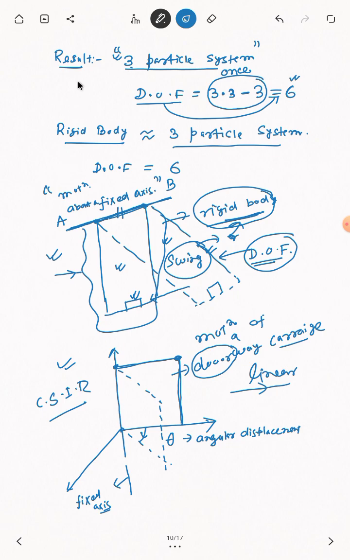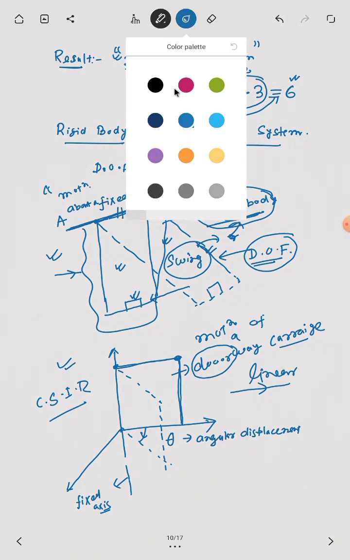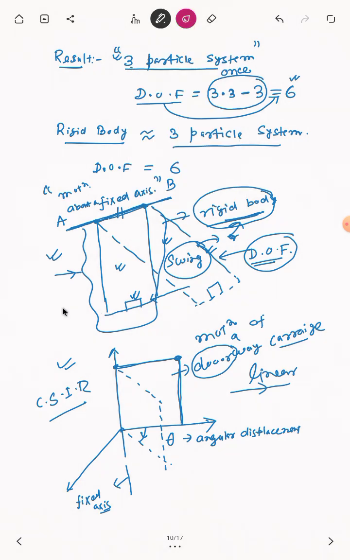So if we have to realize the beauty of such a system, these two examples, the DOF, how can we conclude about the DOF when the body is making a motion about a fixed axis? That means an axis is already fixed.